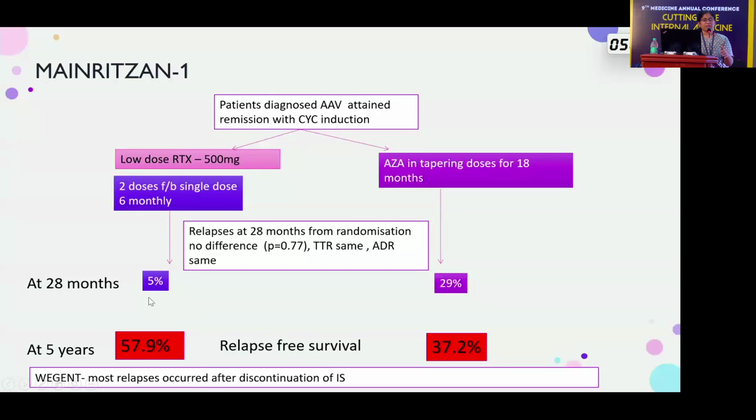The trial has a long 5-year follow-up. When they looked at that, they found that the rituximab patients relapsed because most of these patients stopped rituximab after the 3 doses. So rituximab does prevent relapse, but you have to keep going with the drug, and for how long, we do not know.